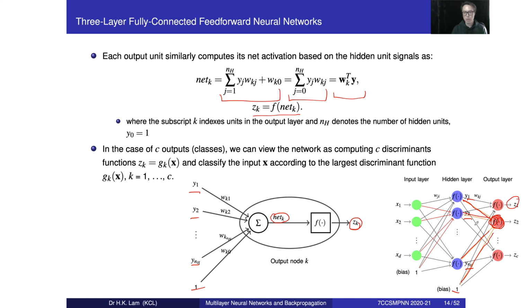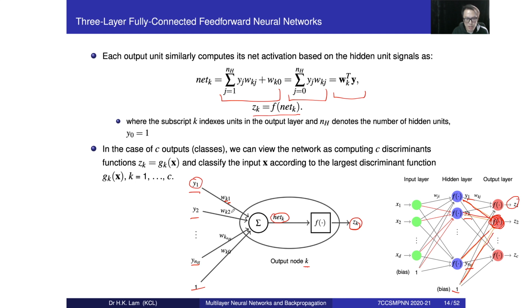Again, the notation right here. In wk1, the first subscript k means that this link is for the output layer, the output node k. The second subscript 1 means that this link corresponds to the first, y1.